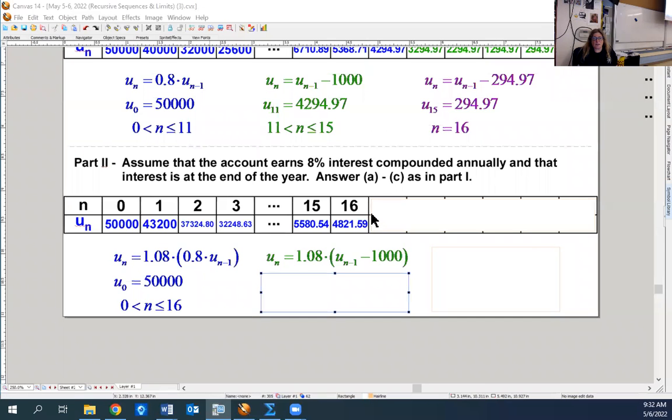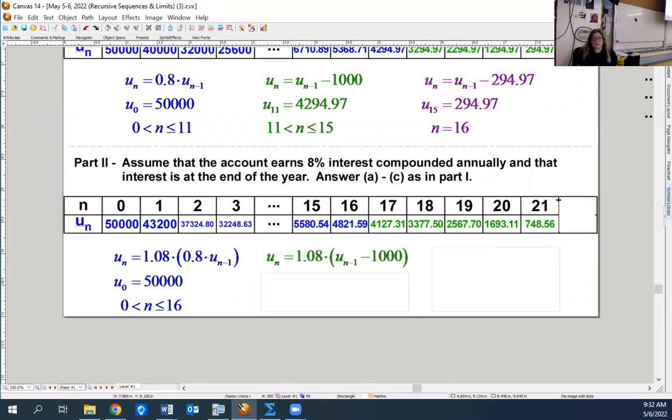So now we're up to 21 years. So between 16 and 21, we use the minus 1,000, but then we get below 1,000, guys.